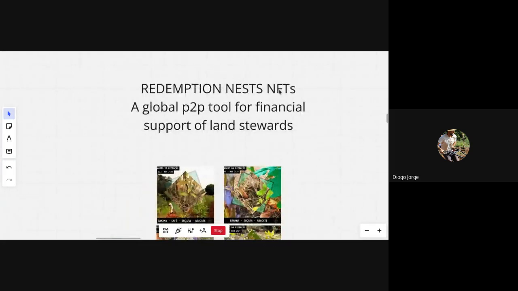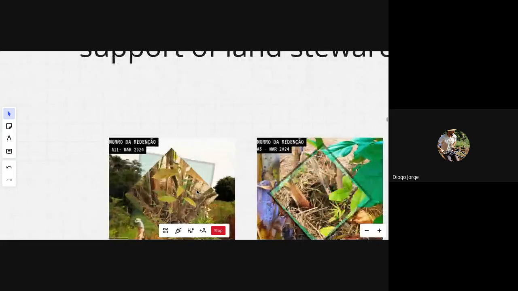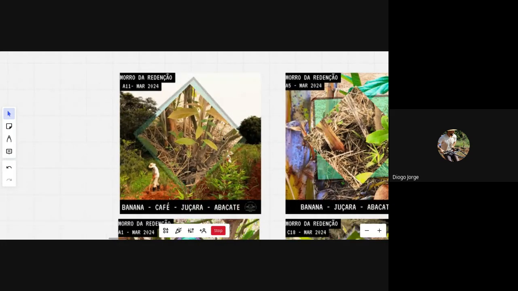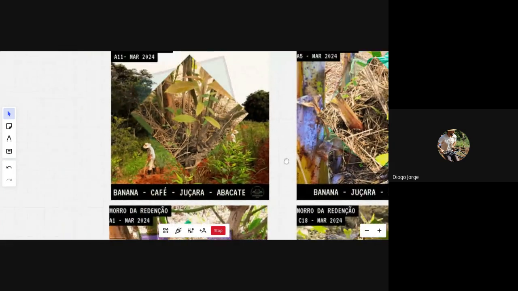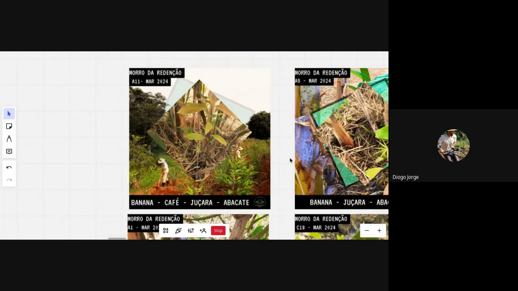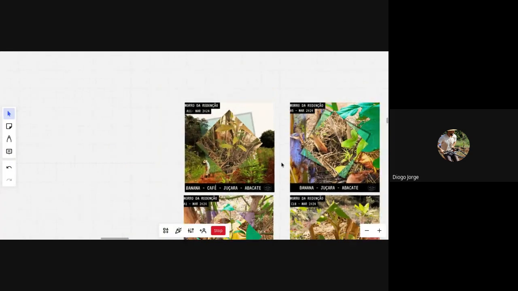The NFTs, they are a tool to support land stewards, so they can share their nests, what's going on, and people can buy it and hold it and get benefits like being able to visit, to experience the place, to learn about syntropic agroforestry and future possibilities and collaborations.